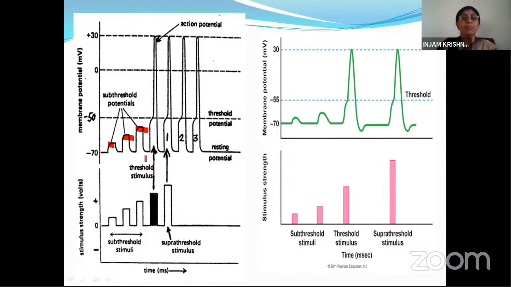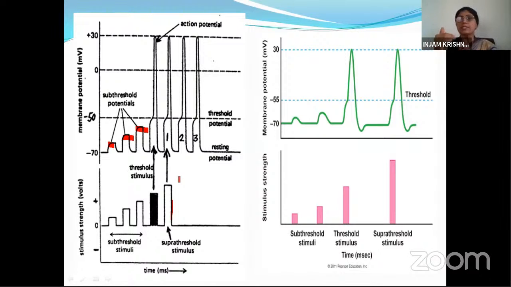This is the sub-threshold potential and this is the threshold potential. Here is the action potential and supra-threshold. Above zero, to above plus, is supra-threshold. At the point of supra-threshold and at the point of threshold, the action potential is generated.